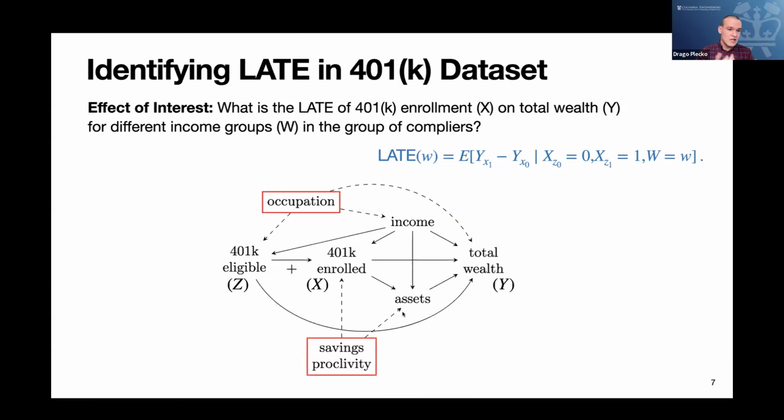If we try to apply LATE here, the query is non-ID. The setting doesn't satisfy the assumptions that we want. But if we plug this setting into the algorithmic approach, we can actually get an identification expression. So this setting is ID. It's not super complex, but if you think about the number of violations of different assumptions compared to LATE, in terms of confounding and exclusion restriction, it's very interesting that this setting is identifiable.